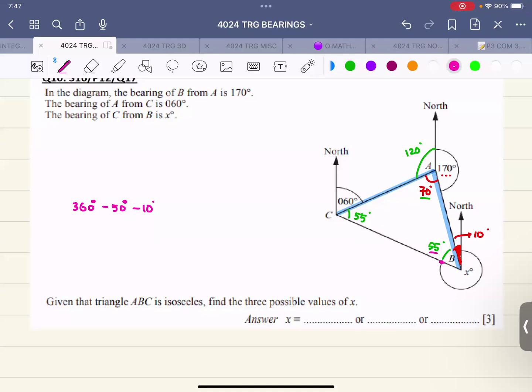You have to stop over here. You have to start from here. So therefore, this comes out to be, this is not 50, this is 55, my bad. So 360 minus 55 minus 10 degrees. So therefore, this comes out to be 295 degrees. That is one option, 295 degrees.